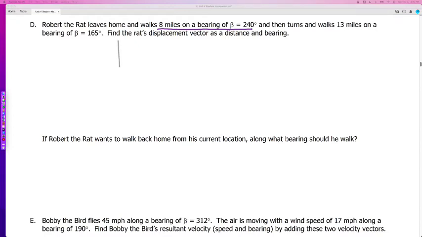So my first vector, I'm just going to start it kind of here in the middle top. And I'll draw that with a purple line so you guys can see the color coding here. 8 miles is the shorter of the two vectors because the second vector is 13 miles long. So I just want to make sure I keep that in mind. The first vector is going to be shorter at a bearing of 240 degrees. So again, if we're thinking about bearings, starting from true north, 240 degrees is going to be 30 degrees shy of 270 degrees.